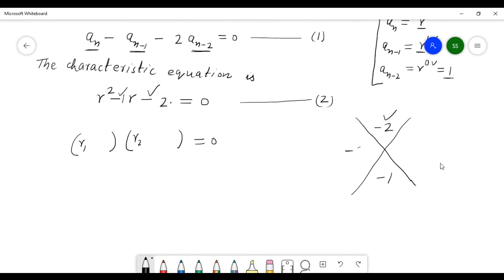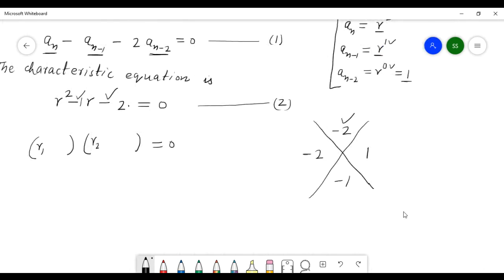You can write minus 2 and 1. Minus 2 times 1 is equal to minus 2. And minus 2 plus 1 is minus 1. It means these two numbers are okay.